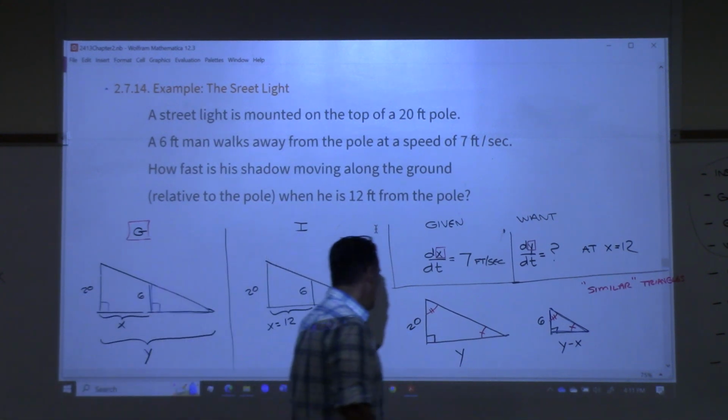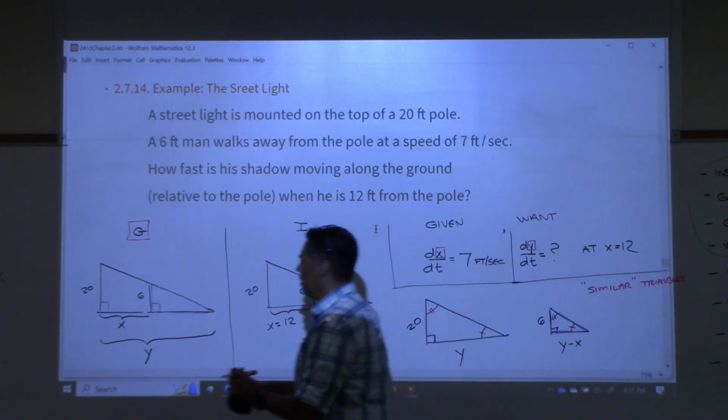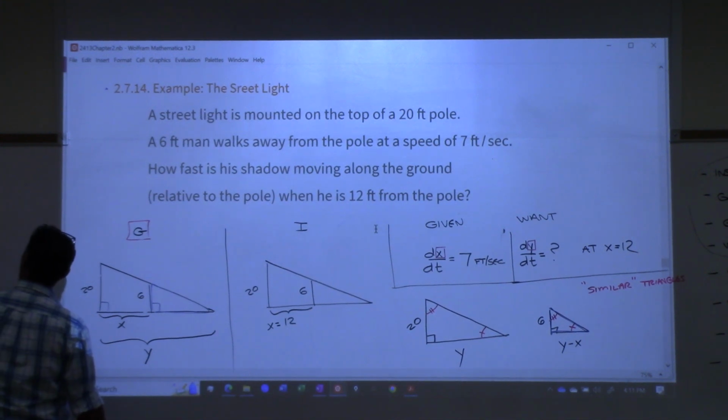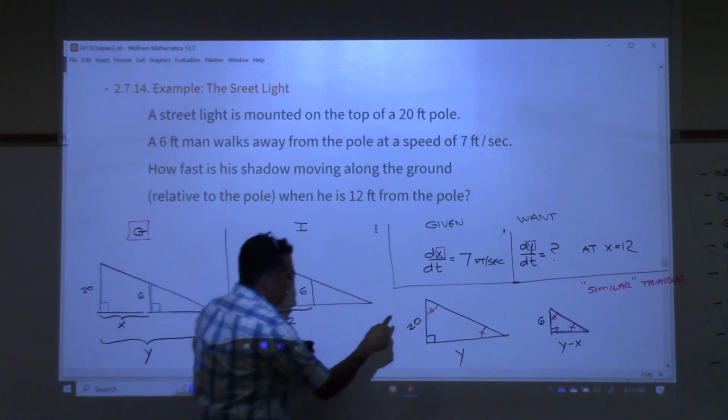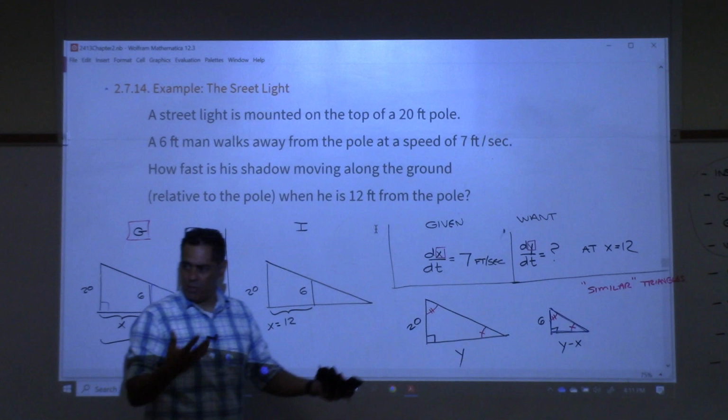So there's a lot of different ratios I could set up. I'm going to write them off camera here. One thing I could write would be 20 over y equals 6 over y minus x. So I'm saying this divided by this must be equal to this divided by this because they are similar triangles.